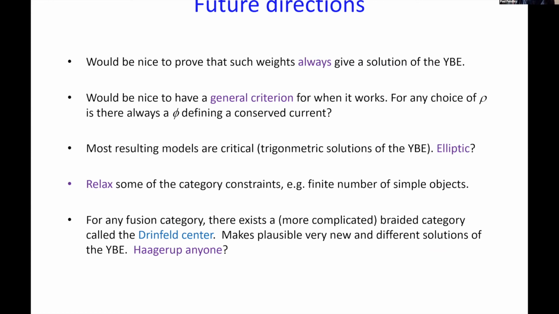There's this thing I mentioned at the very end that doesn't always work, but I'd like to believe that for any choice of rho, you can always find a phi. I don't know that's true. I don't have any counterexamples yet, but I don't know if that's true. Most of the resulting models are critical. There's deep-rooted reasons why that's true, but I have no idea how to generalize these to more complicated integrable models.